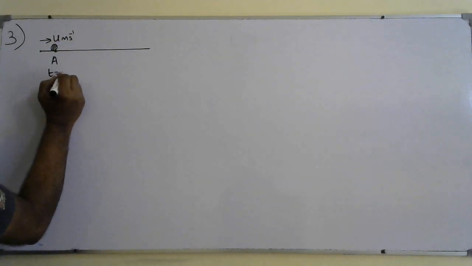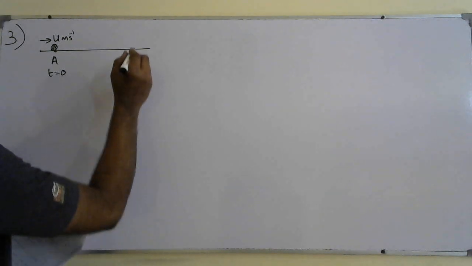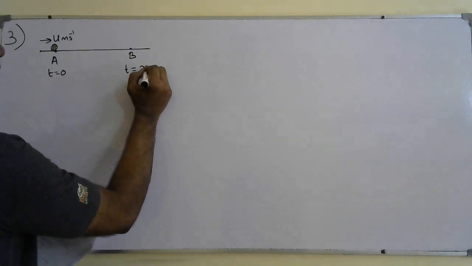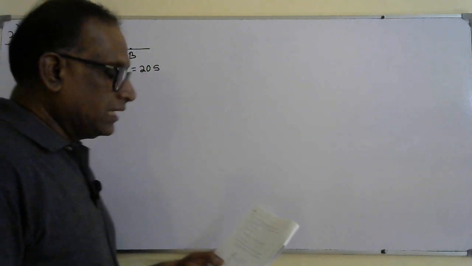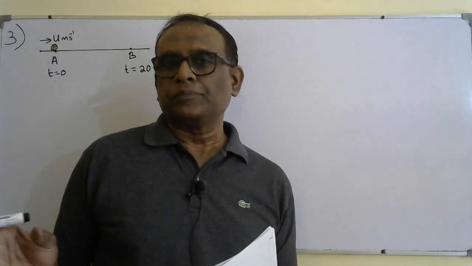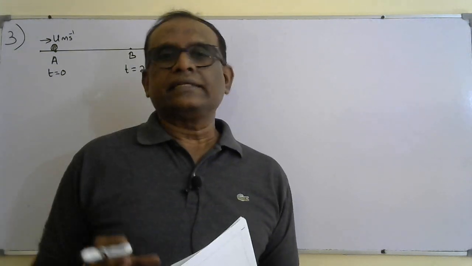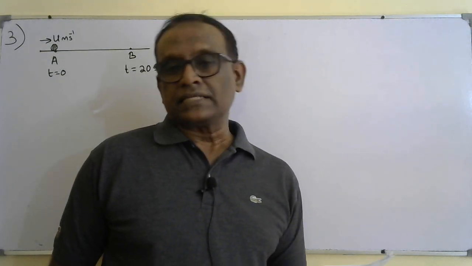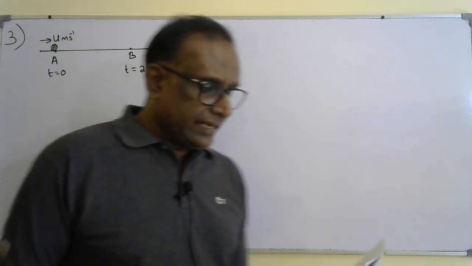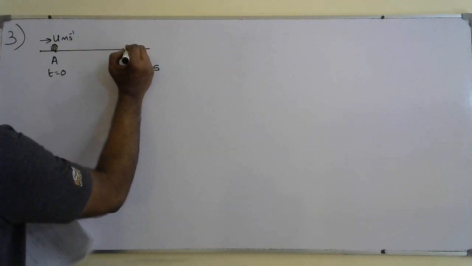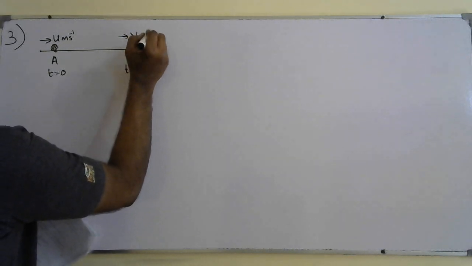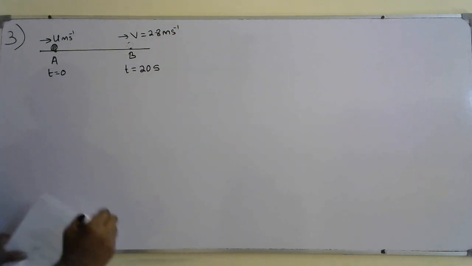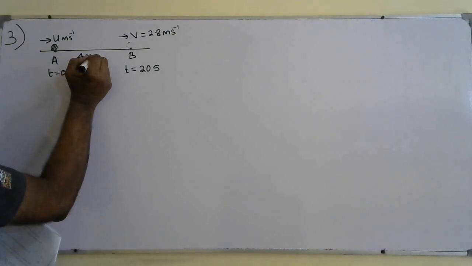Then it passes point B when t equals 20 seconds, 20 seconds later, with the final velocity of 28 meter per second. The distance between A and B is 400 meters.